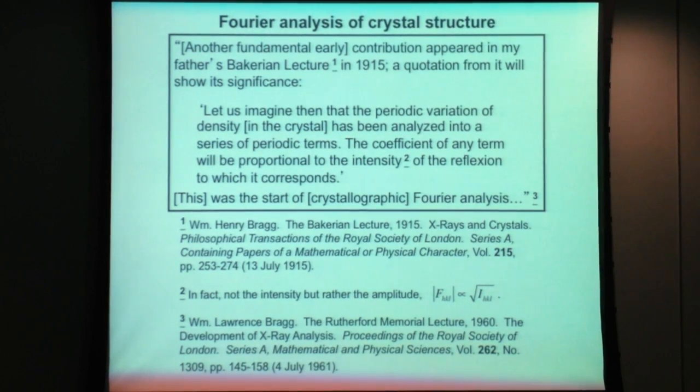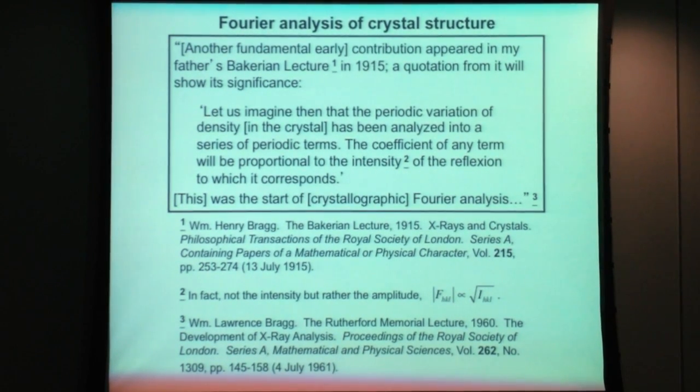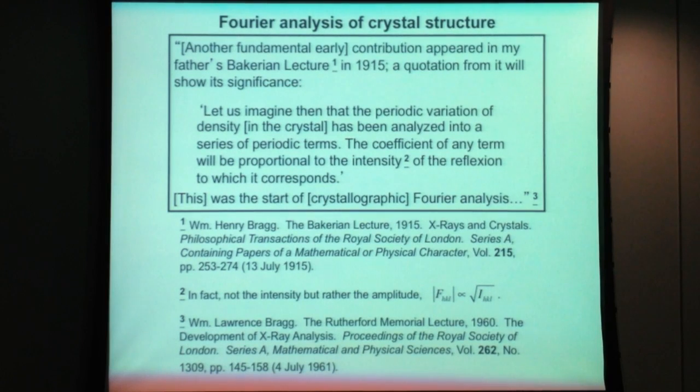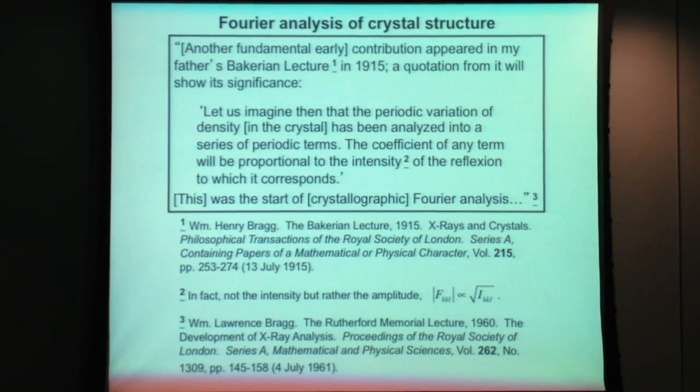And we had remarked on this earlier, that this Fourier analysis was recognized as a tool to use, even before it was put to use, by Bragg the Elder in a lecture that he gave before the Royal Society. And Bragg the Younger points out a quotation from his father from 1915.